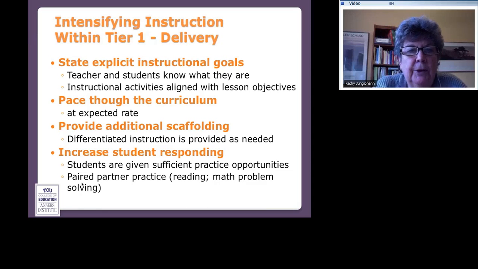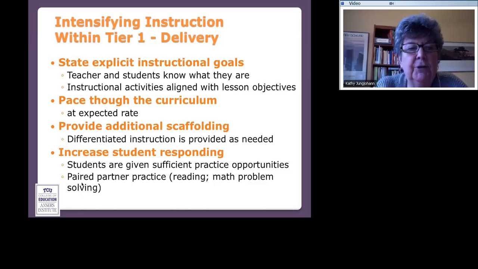When we think about Tier 1 delivery, there's an expectation that teachers and students are pacing through the curriculum at an expected rate. Sometimes these rates are set by the curriculum. More often, grade level teachers sit down and work out a pacing guide at the beginning of the year. And so one question to ask in terms of intensifying instruction is, are students and our teachers able to pace through that curriculum at the expected rate?